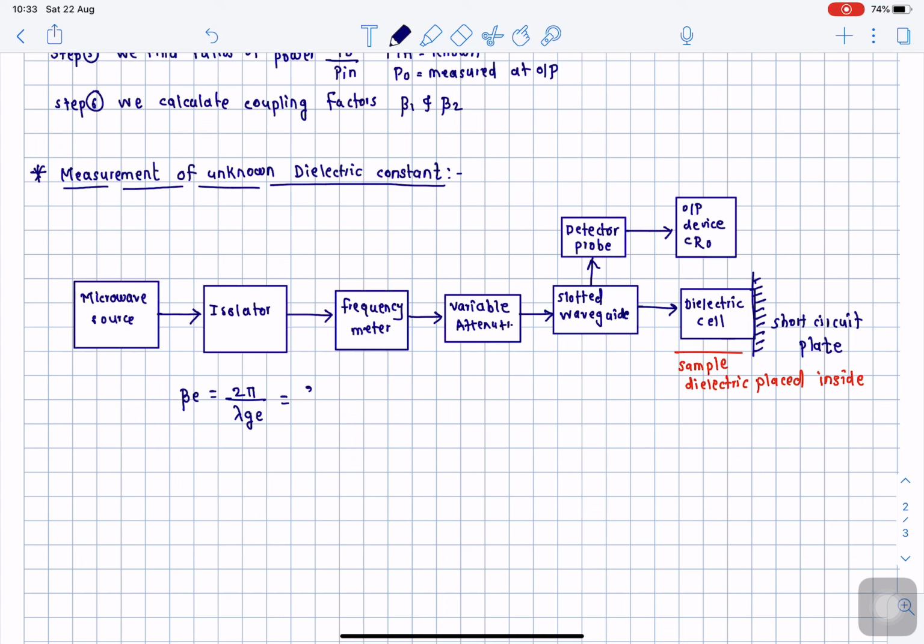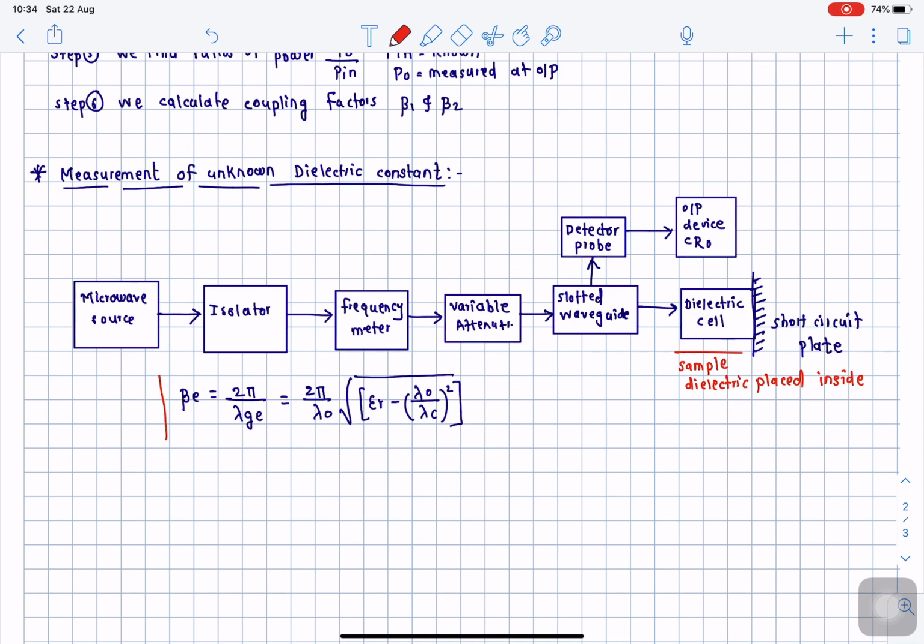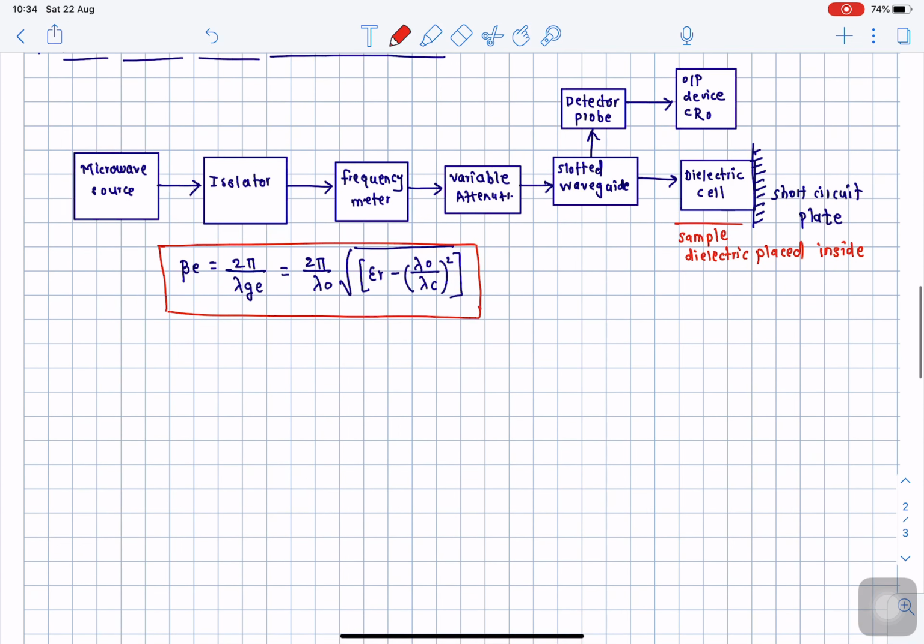It is given by 2 pi by lambda 0, times the square root of the dielectric constant epsilon r minus the square of the free space wavelength divided by the cutoff wavelength, inside a bracket. So remember, this is the fundamental formula in order to calculate the dielectric constant of the sample material.